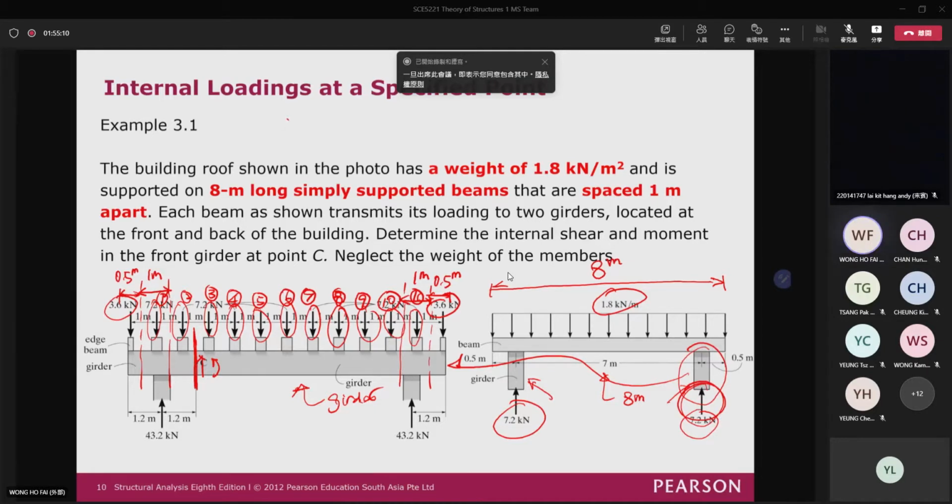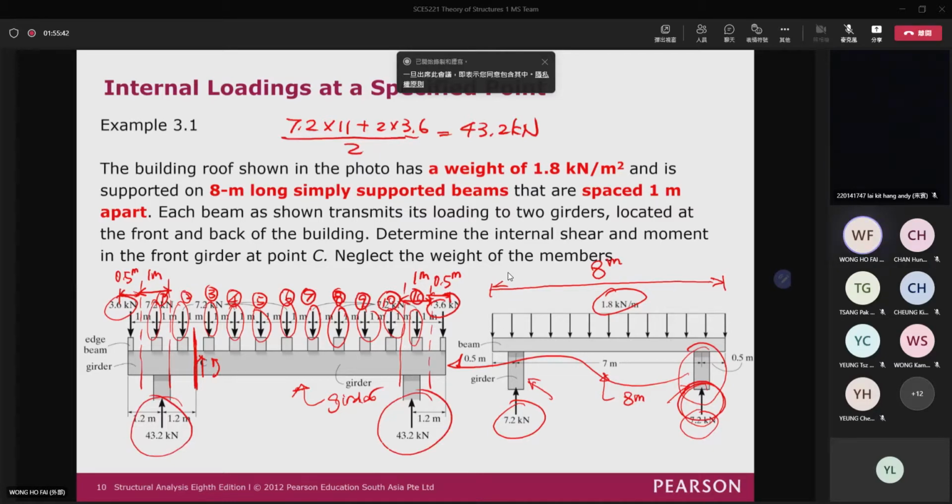So you have 7.2 times 11, and then you have two 3.6 kN at the edge, so you have 2 times 3.6. This is the total load applied on the top of the girder. If you divide it by 2, since it is simply supported on both ends, it is equal to 33.2 kN on both sides of the girder.